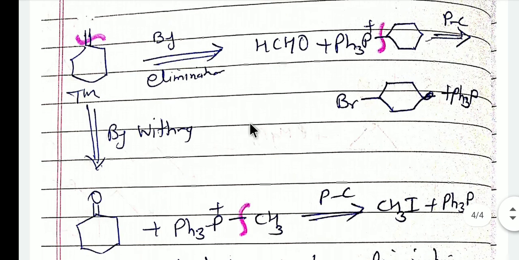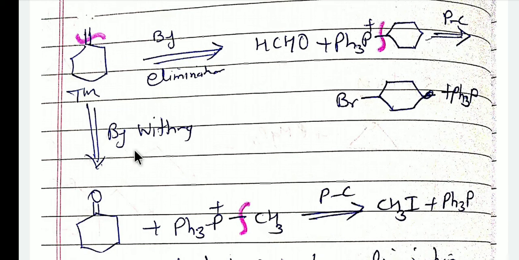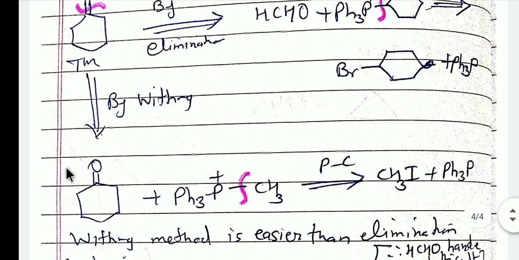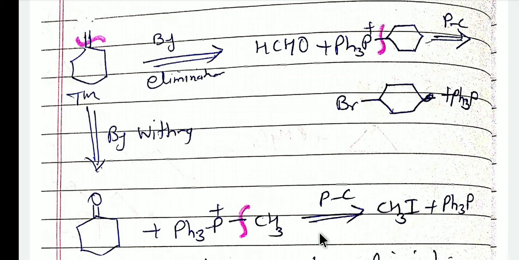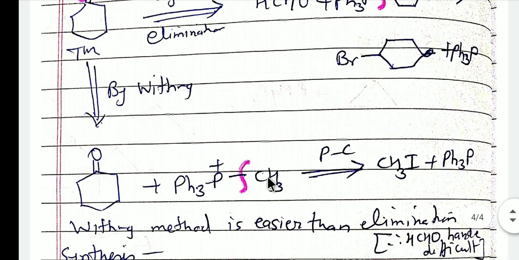When we carry out the retrosynthesis of the target molecule by the Wittig reaction, we get cyclohexanone and Ph3P+ CH3 here, and the disconnection takes place between P and C. So we say here the P-C disconnection, and after disconnection we get CH3+ and P−. P is already positively charged, so P+ and minus become neutral.